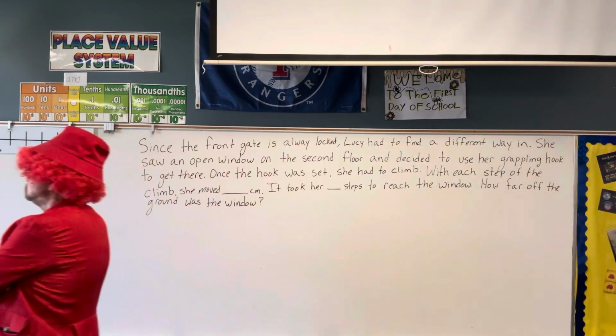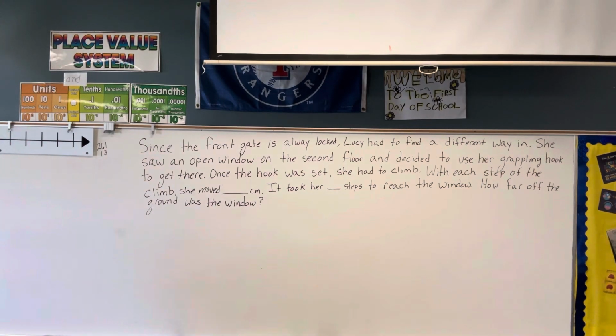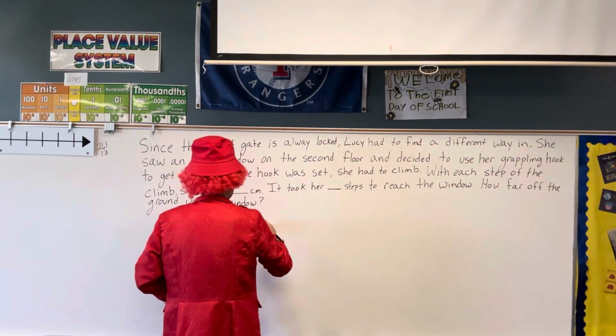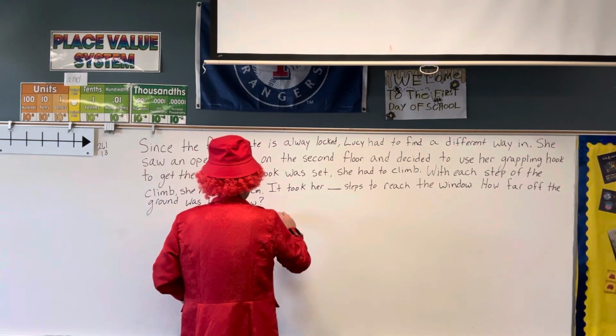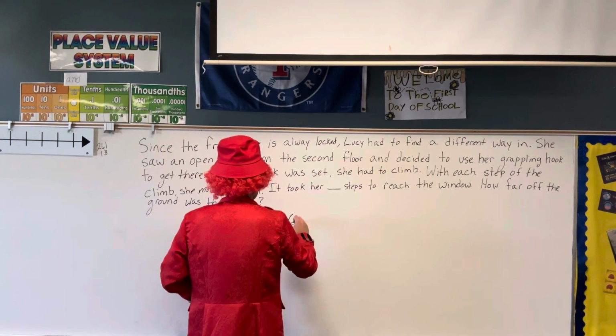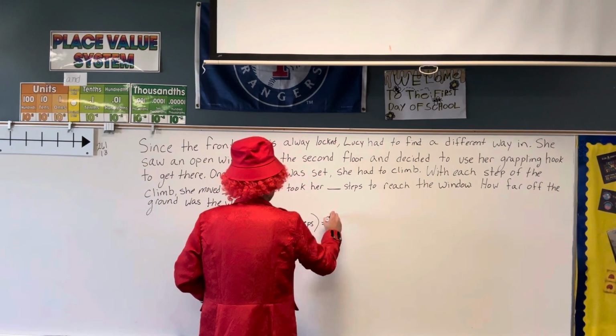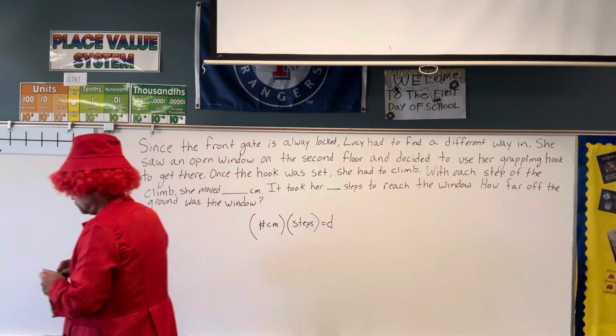Yes, sir. You multiply the number of centimeters by the number of steps. Good. We're multiplying the number of centimeters times the number of steps. That's going to equal D, the distance off the floor.